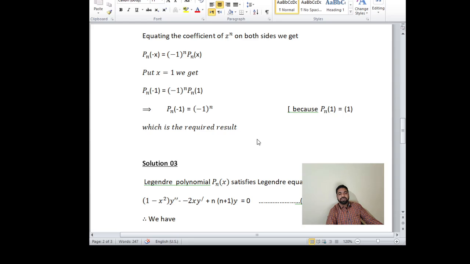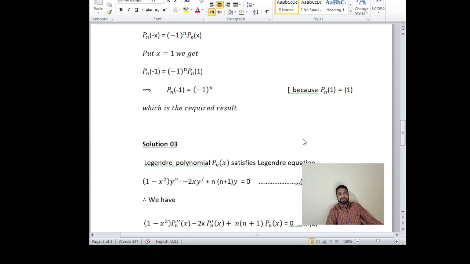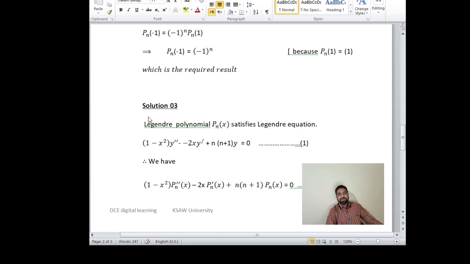Now we move on to the third result. Solution 3. To prove the third result, we start like this: the Legendre polynomial Pn of x satisfies Legendre's equation. So this is Legendre's equation: 1 minus x square y double dash minus 2x y dash plus n into n plus 1 y equal to 0.